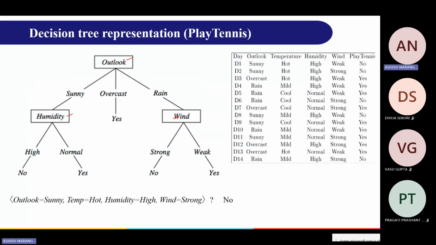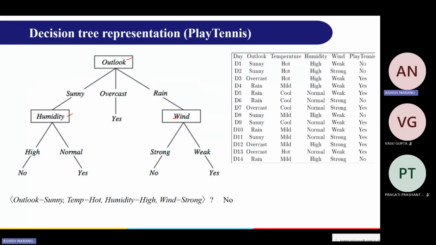There are 4 input features and 1 output feature, which is play tennis. Our job is to predict whether I will go to play tennis, depending on the input features.